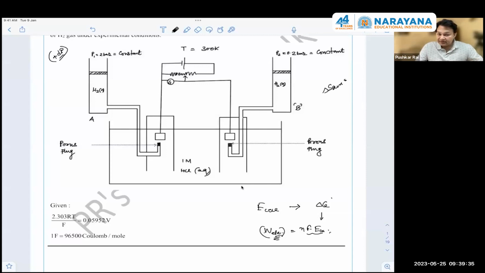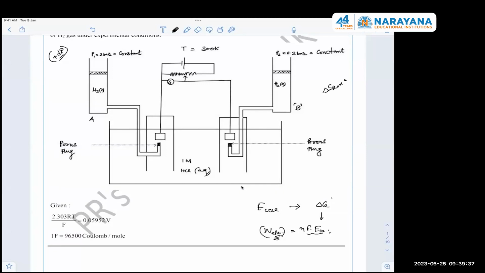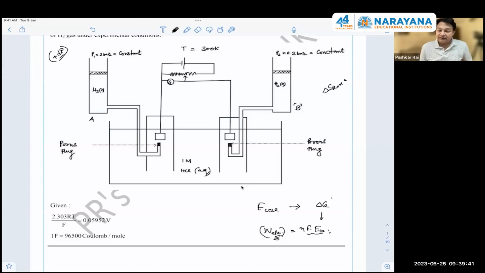We have already discussed this in the theory. If you carry out this process in a chemical cell, then whatever delta H value is there, the same change is going to happen here. Nobody can stop it, because enthalpy is a state function. The only thing is that you are not getting heat.